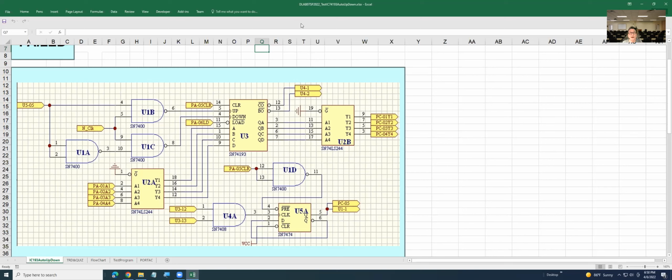You already know. To count up, pin 5 is the clock and pin 4 must be logic 1. Otherwise, it's reversed. If you want down, pin 4 will be the clock and pin 5 has to be 1.